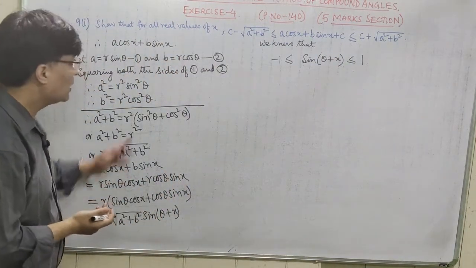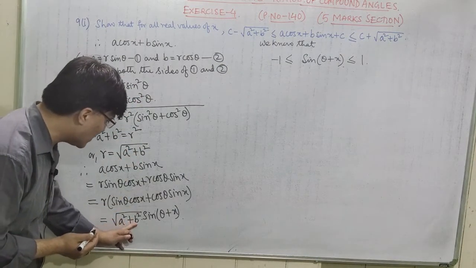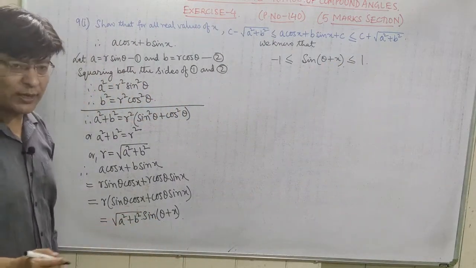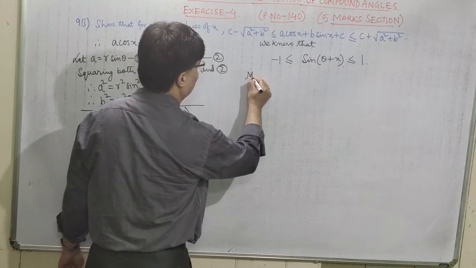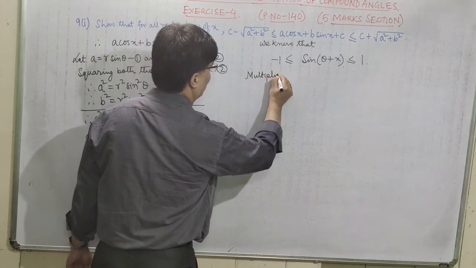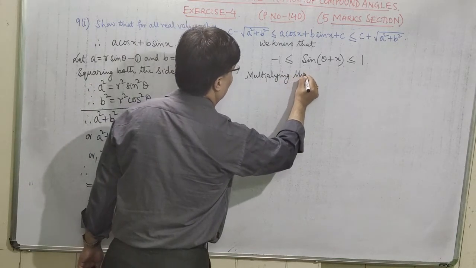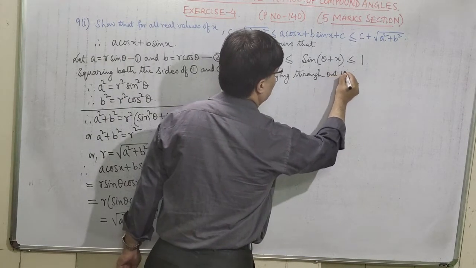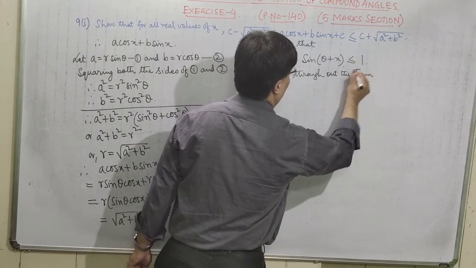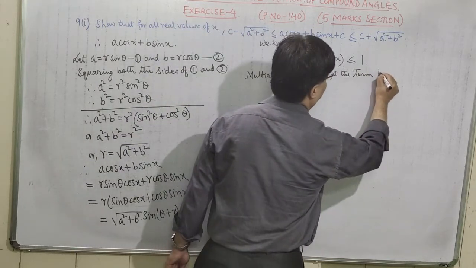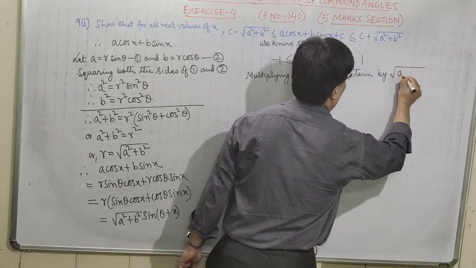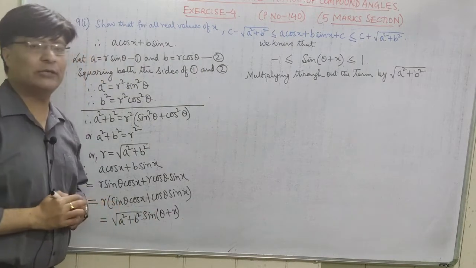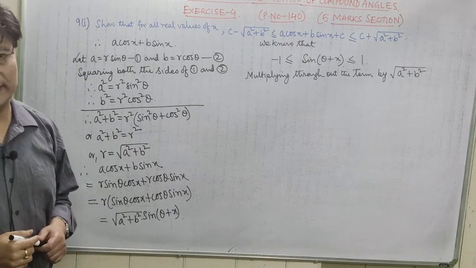Okay. So now since there is root over a square plus b square into sine of theta plus x, let us multiply throughout the term by root over a square plus b square. Okay.